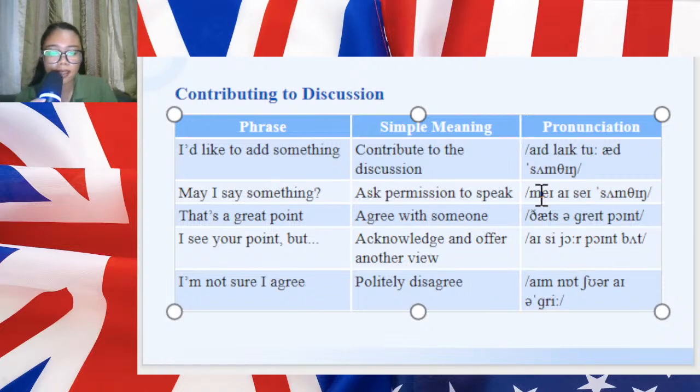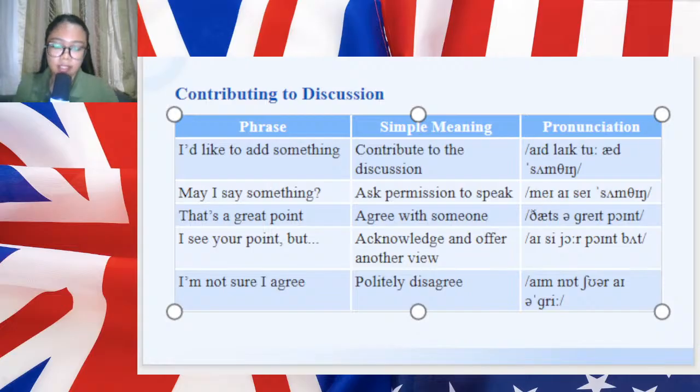For the last word, same as the first phrase, "something", there is a voiceless th sound and then an ng sound at the end. So this is "May I say something?" Again, "May I say something?"